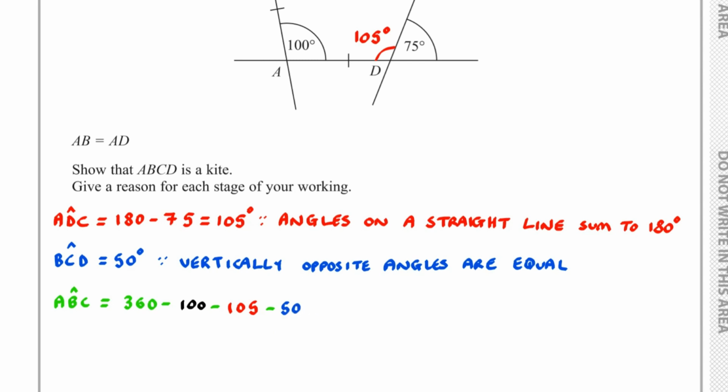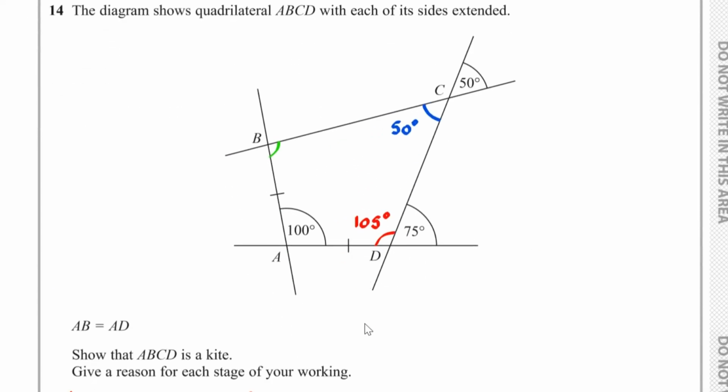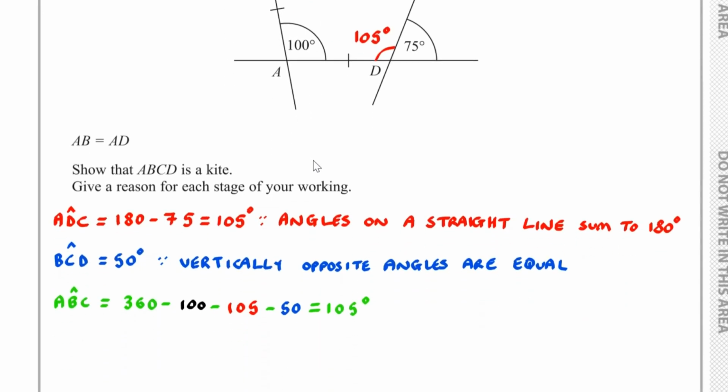And if we work this out, we get 105 degrees. So this angle here is 105 degrees. The reason for that: angles in a quadrilateral sum to 360 degrees.